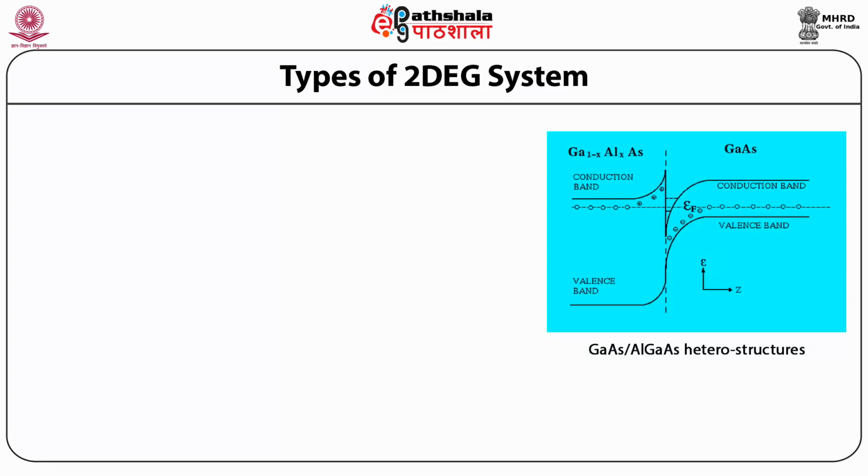So, a two-dimensional electron gas is induced electrostatically by the application of a positive gate voltage Vg.